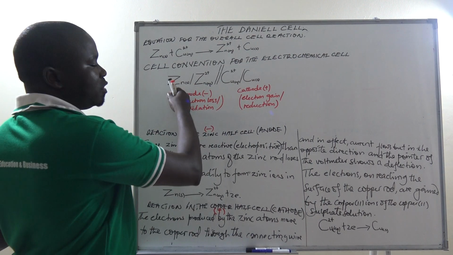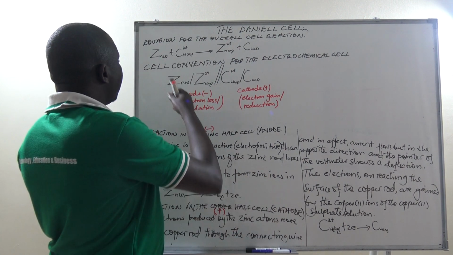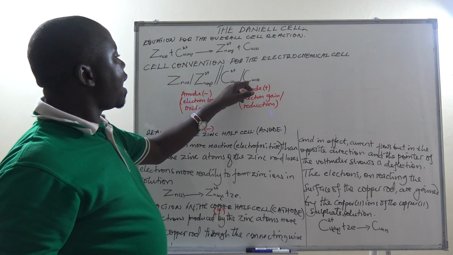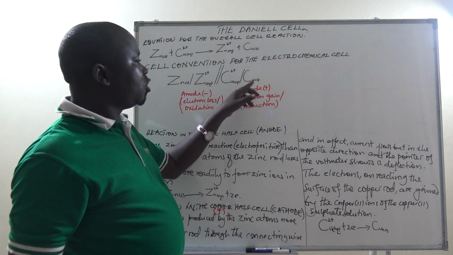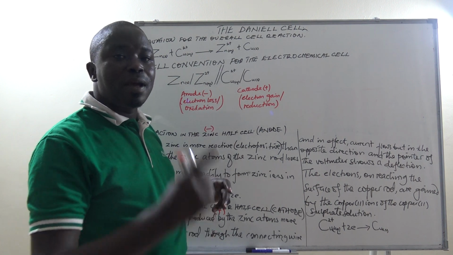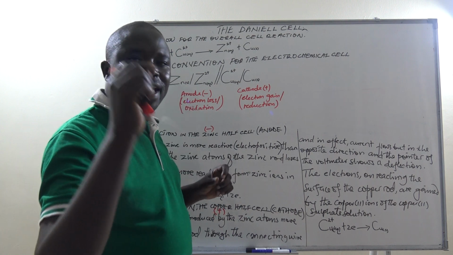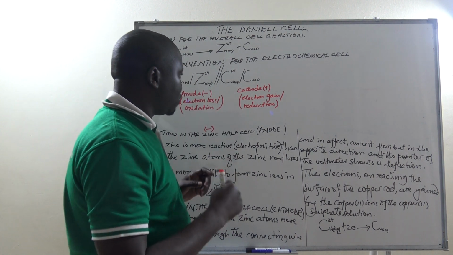That means I can use zinc sulfate solution, zinc chloride solution, or zinc nitrate solution. Here I can use copper 2 sulfate solution, or copper 2 chloride solution, or copper 2 nitrate solution, but not copper 2 carbonate or zinc carbonate, because they are insoluble salts.